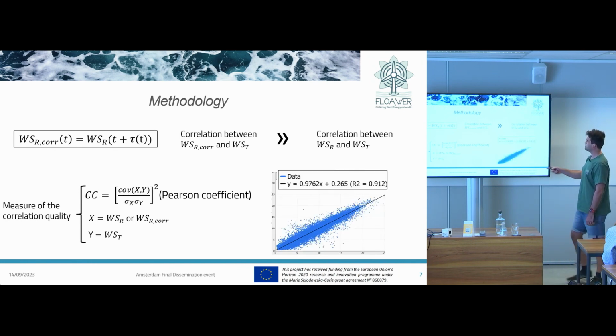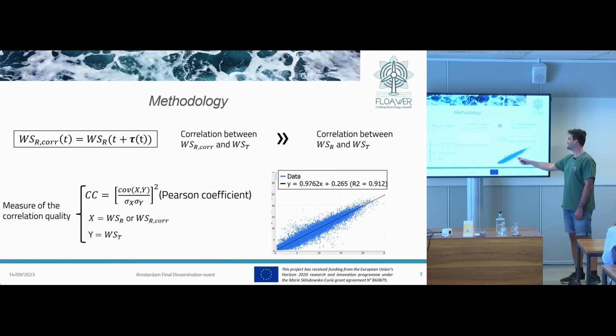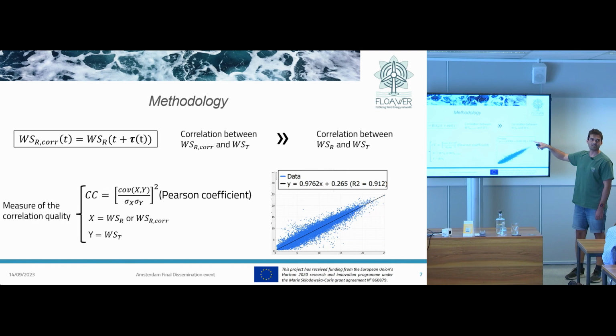It's, for example, what you get when you do a linear regression analysis, this coefficient here, the Pearson coefficient usually. The closer it is to 1, the better correlated the 2 datasets you are comparing are. And if it goes down to 0, it means that they are totally independent.